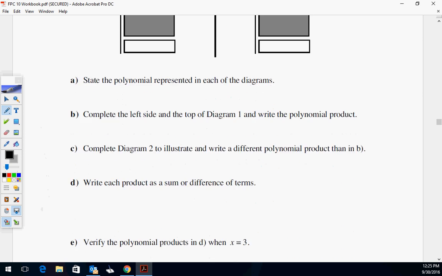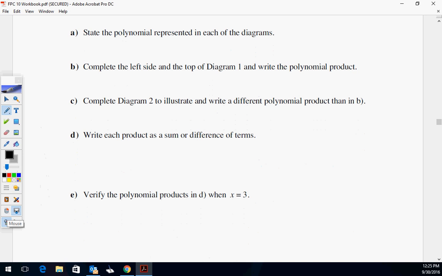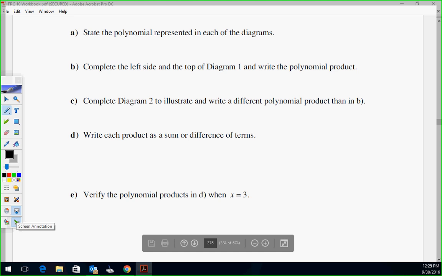So complete the left side in top diagram 1, right, as a polynomial as a product. So we just did b and c as well. Right, each product is the sum or difference of two terms. So that's the final product, which was 2x minus 1 times x, so it was 2x squared minus x.